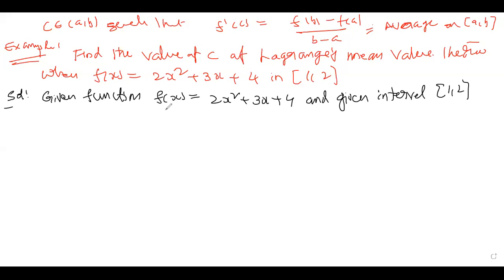But you can see f of x equals 2x square plus 3x plus 4 is a polynomial function. It is always differentiable and also continuous, not only on the given interval 1, 2 but on any interval. Therefore, first we write the conclusion: f is continuous on the closed interval 1, 2. And point number 2, f is differentiable.